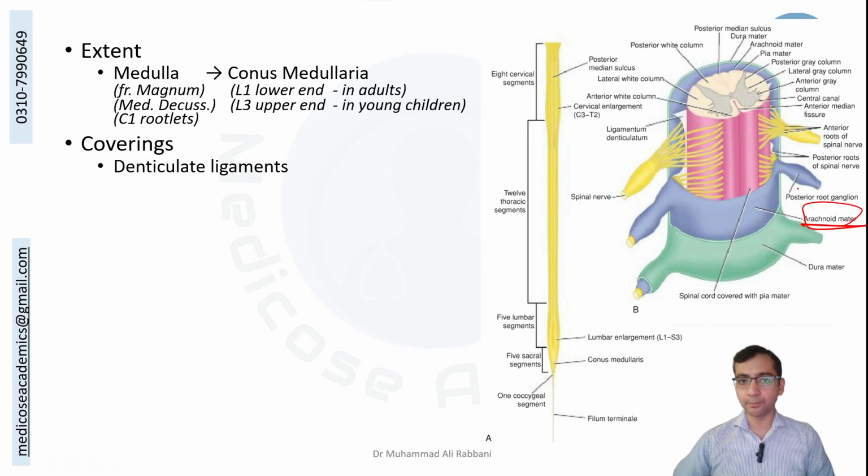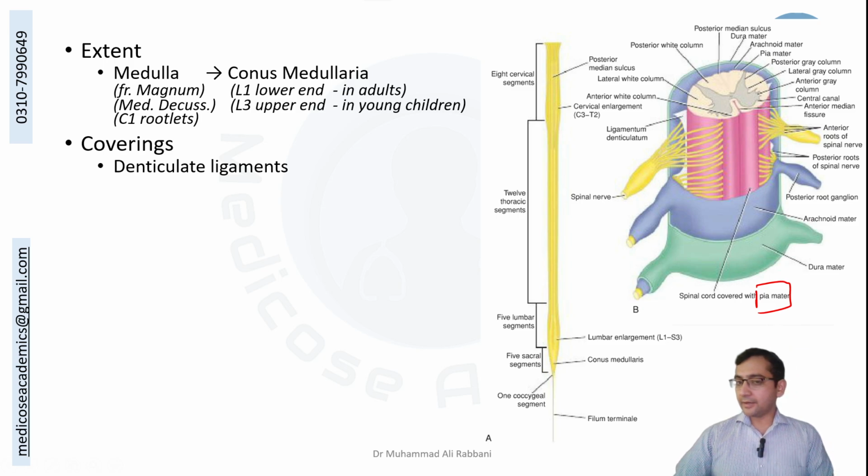That, shown in blue here, is the arachnoid mater, and the one that is intimately in contact with the spinal cord is the pia mater. That is a very delicate layer in contact with the spinal cord, and it is shown in pink color in this particular picture, and it follows all the contours, curves and sulci of the spinal cord.